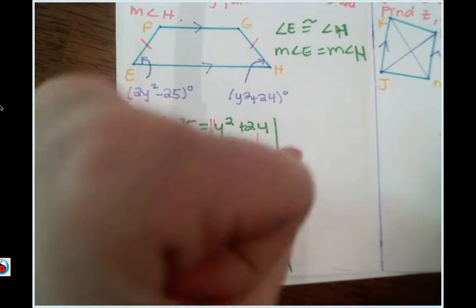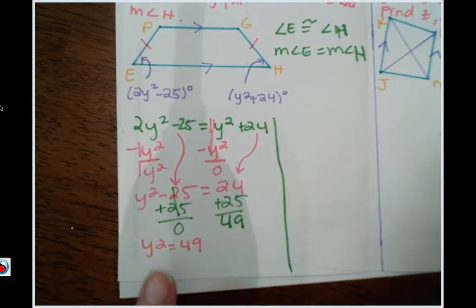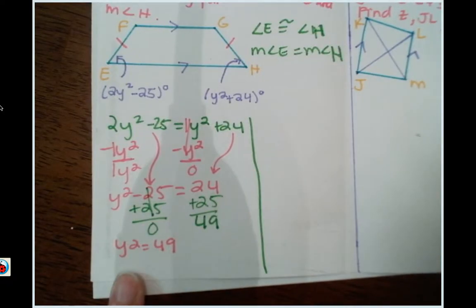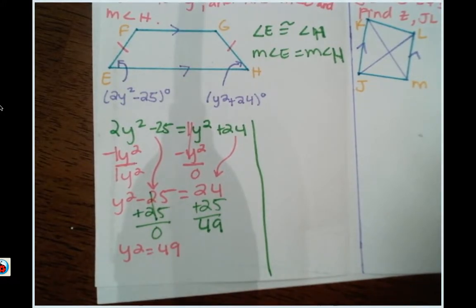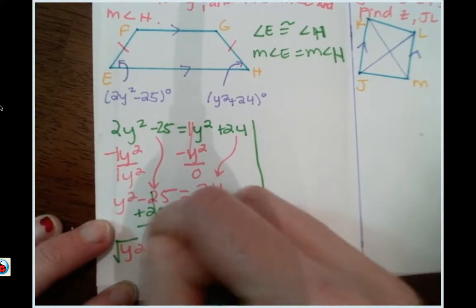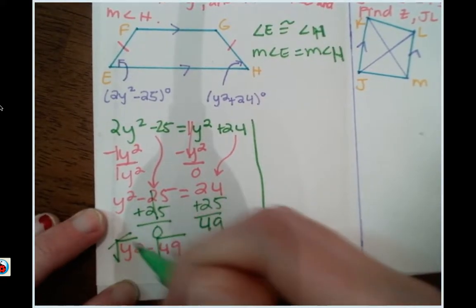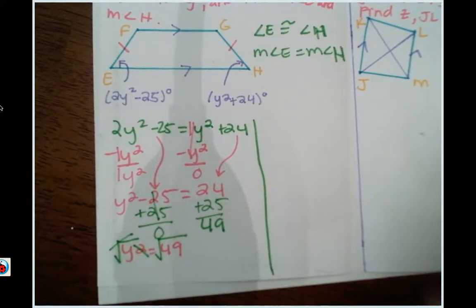I'm so close to solving for y. I want to know what y is, but currently I have y squared, so that squared is getting in the way. How do we undo a squared? We square root both sides, and the square root will cancel out the square.